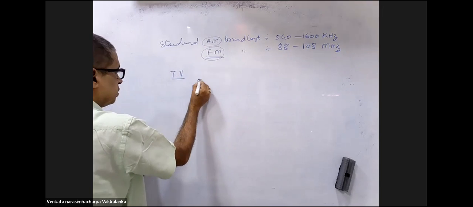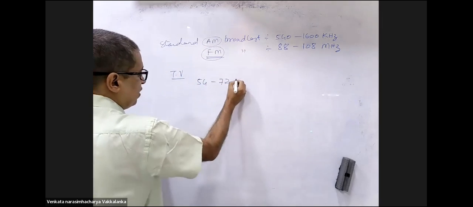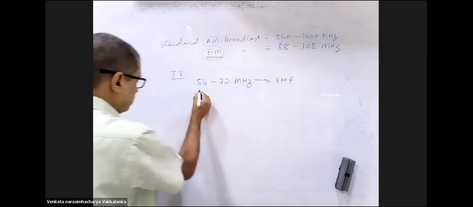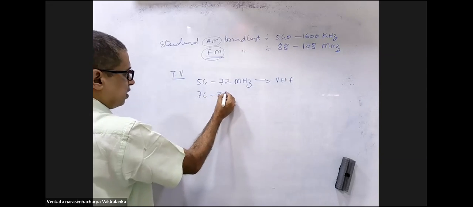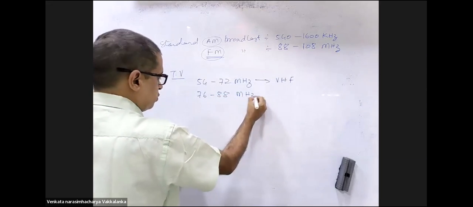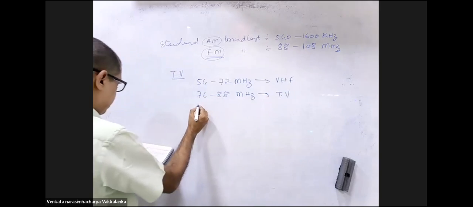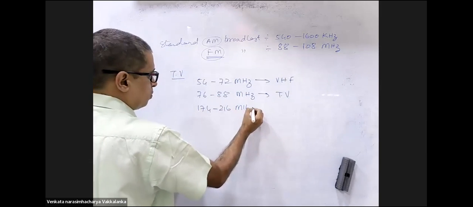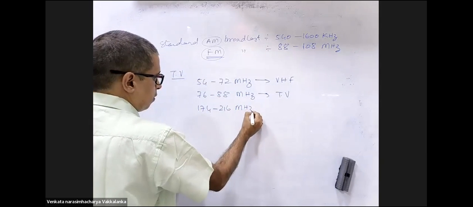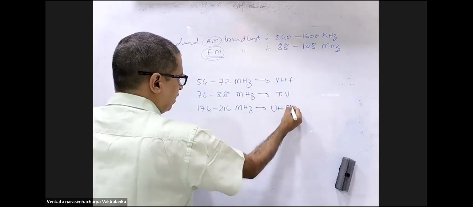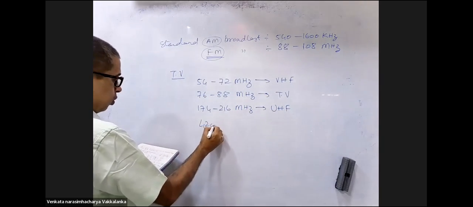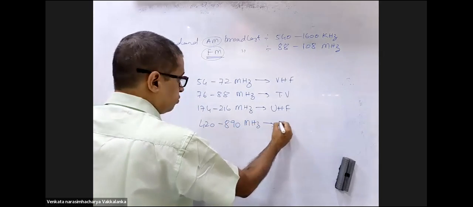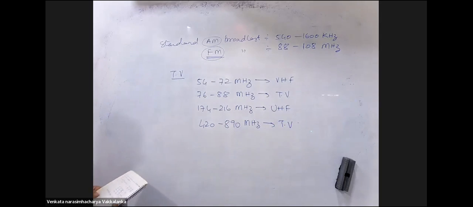TV signals: 54 to 72 megahertz is very high frequencies. 76 to 88 megahertz is the actual TV transmission signal. 174 to 216 megahertz is ultra high frequencies. 420 to 890 megahertz is again TV signal.